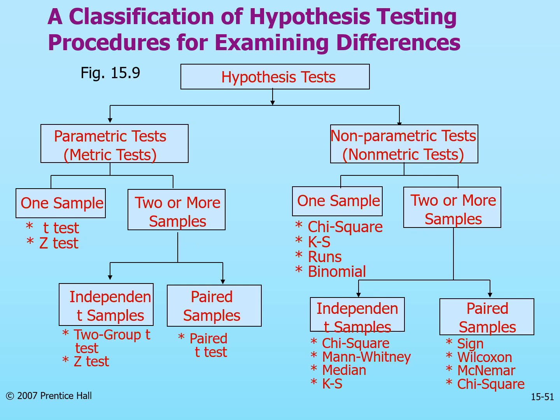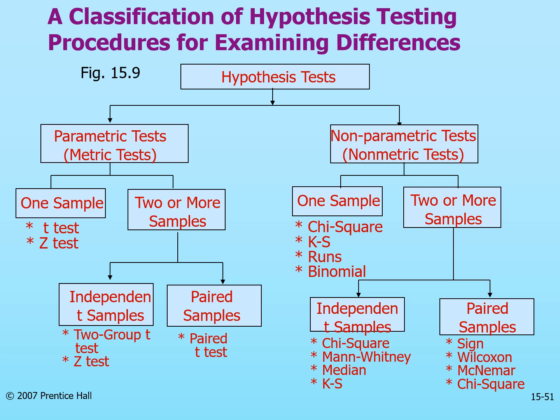In the case of non-parametrics, we use chi-square, K-S, runs, binomial. That we will do later on one by one. Or whenever there are two or more samples, then we bifurcate into two categories, independent samples and paired samples.